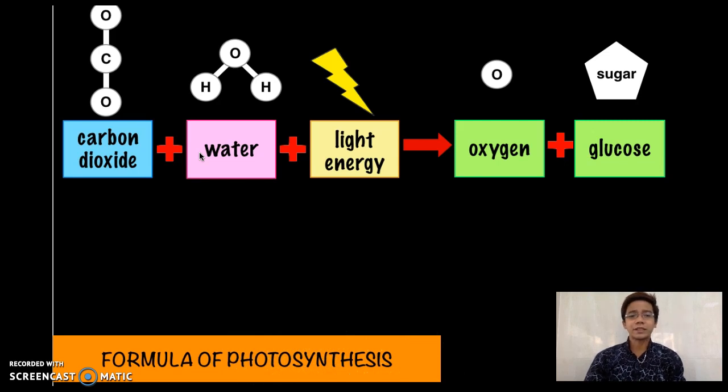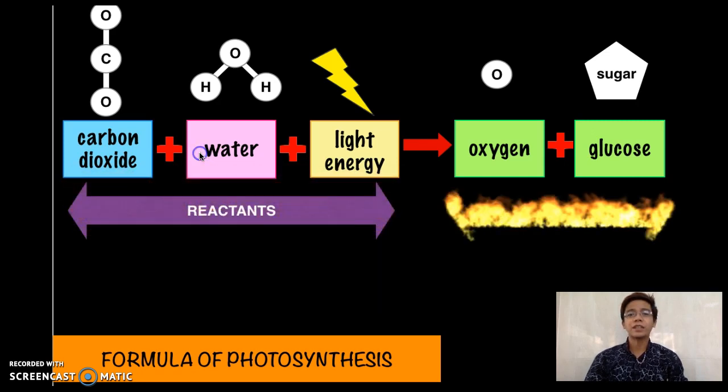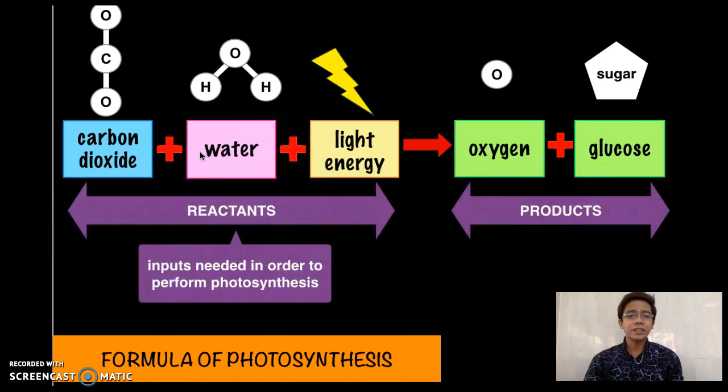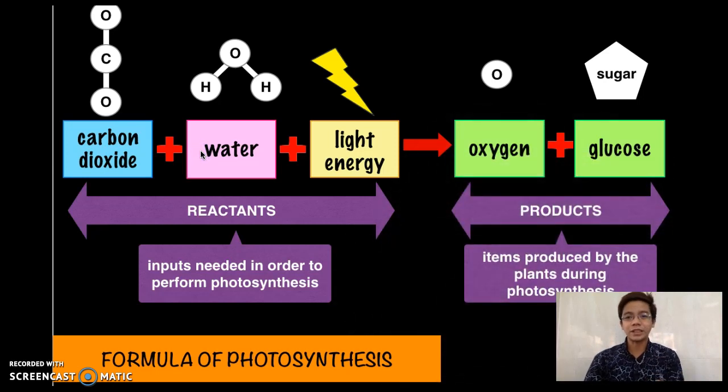The carbon dioxide, water, and light energy, these are what we call the reactants. And the oxygen and glucose, on the other hand, are the products. When we say reactants, these are the inputs needed in order to perform photosynthesis. And the products, of course, these are the items produced by the plant during photosynthesis.